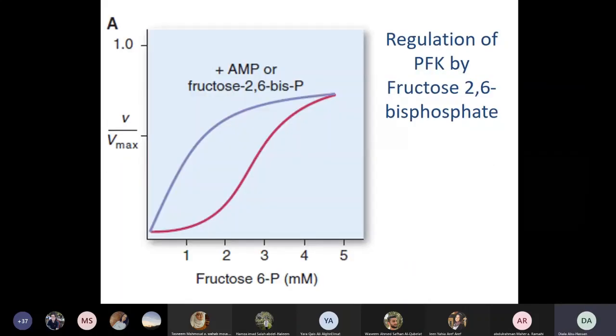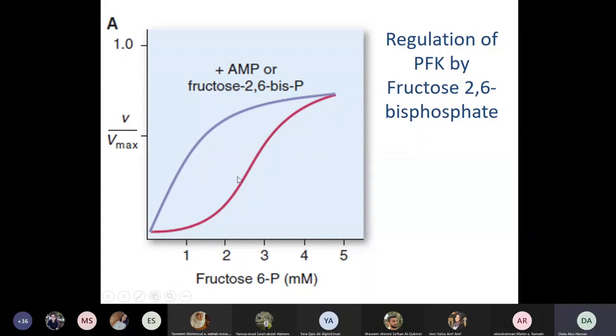Let's go to the curves a bit better, and specifically phosphofructokinase that is regulated by other molecules. And of the important regulators, positive regulators, is fructose 2,6 bisphosphate. Okay? Now not 1,6, meaning not the product of the reaction, it's another molecule, fructose 2,6 bisphosphate. Notice the curve: this is fructose 6 phosphate, which is the reactant of this reaction, and this is the V over V max.